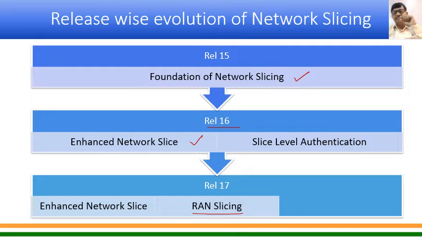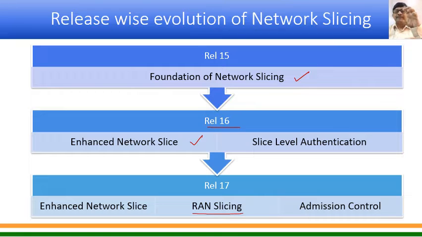This may be a misleading topic, basically support of network slice onto the RAN and admission control. Admission control means in a network slice, it will be possible to control how many customers can actually be supported, or how many PDU sessions would be possible within that particular network slice.